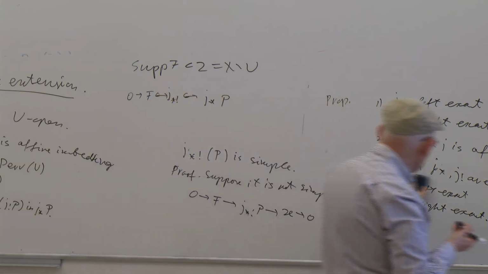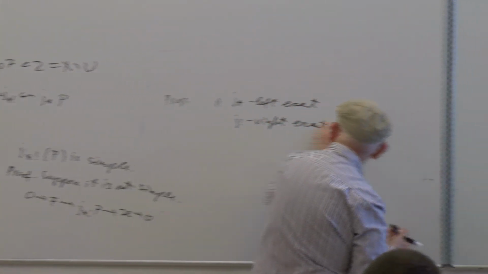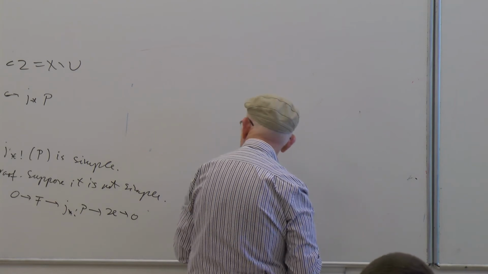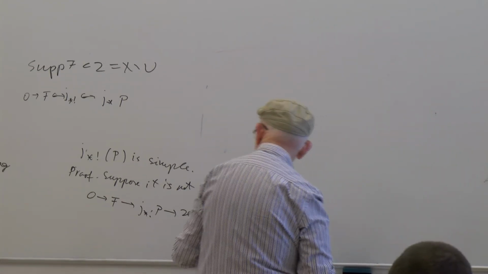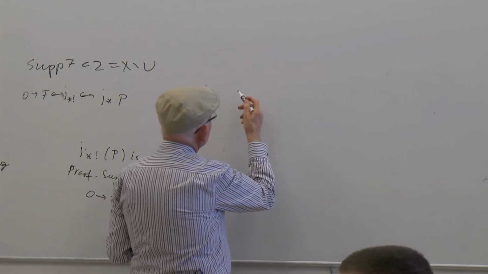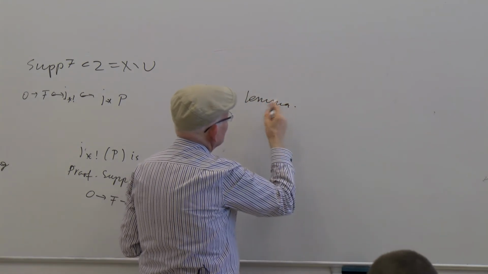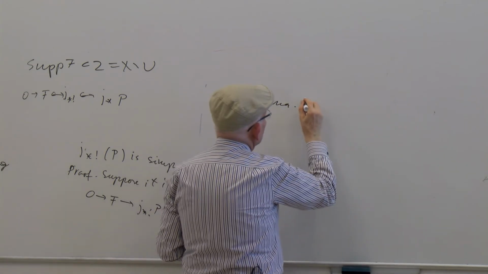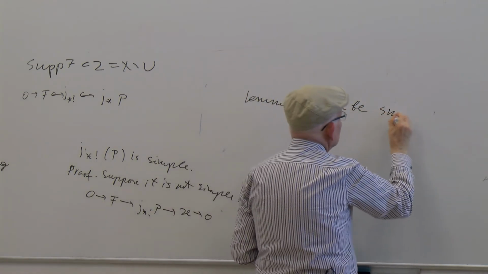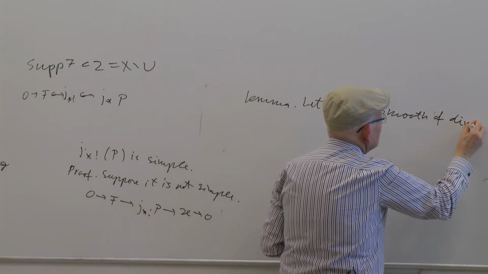Okay, so from here we see, not only from here, you need one more thing. Lemma: let X be smooth with dimension n.